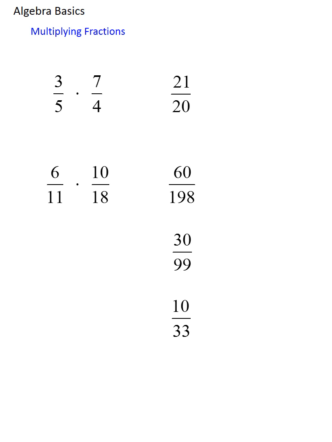Now, while there's nothing wrong with the multiply straight across rule, there is a shortcut that's called cross-canceling, and I'd like to show you a nice shortcut here. Same problem. Suppose instead of multiplying straight across, it had caught our attention, for whatever reason, that the 6 and the 18 had a common factor. Now they're both divisible by 6.